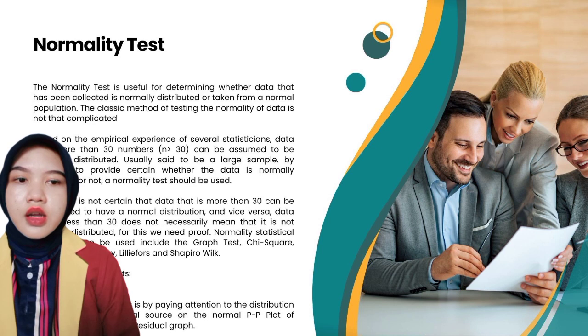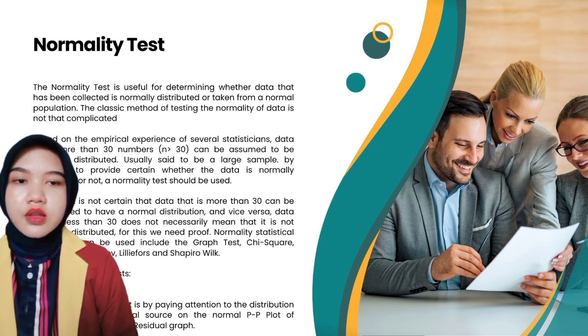Based on the empirical experience of several statisticians, data with more than 30 numbers, that is greater than 30, can be assumed to be normally distributed, usually said to be a large sample. However, to provide certainty whether the data is normally distributed or not, a normality test should be used.